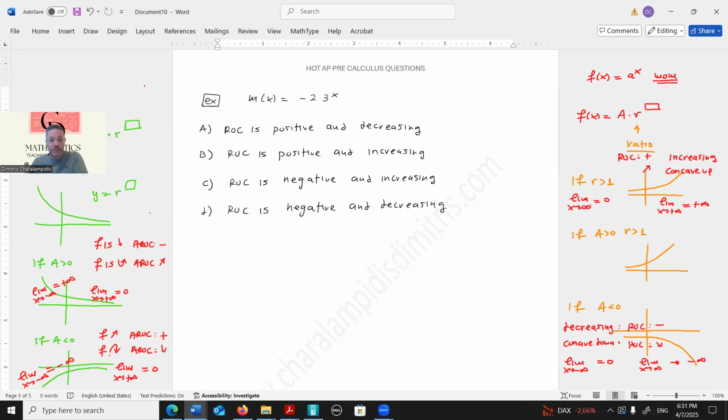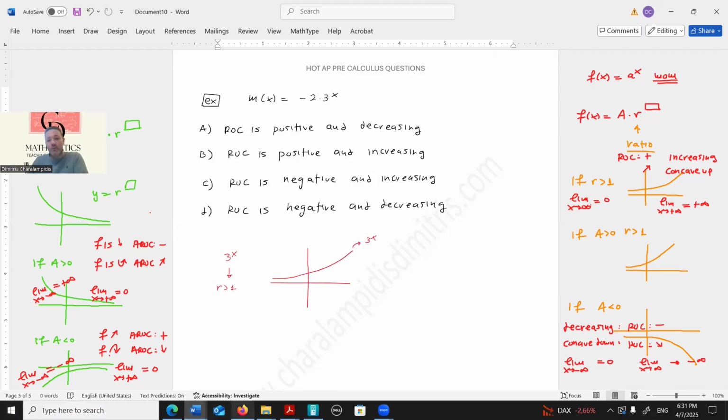Again, as always in this type of exercises, begin by the mother function of that. It's 3 to the power of x. Ratio is greater than 1. So we expect the graph to look somehow like this. This could be 3 to the power of x.